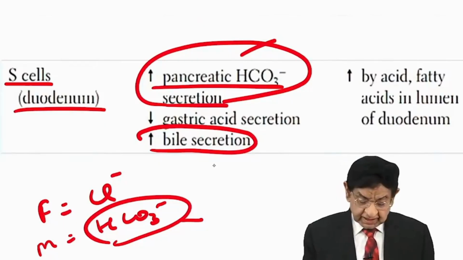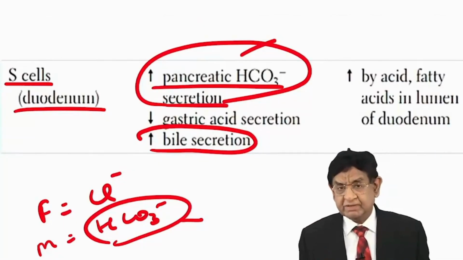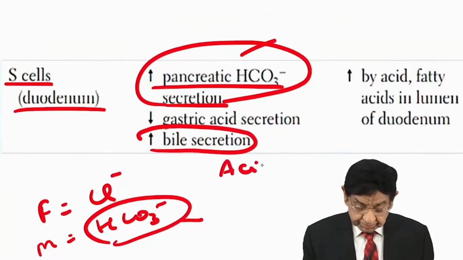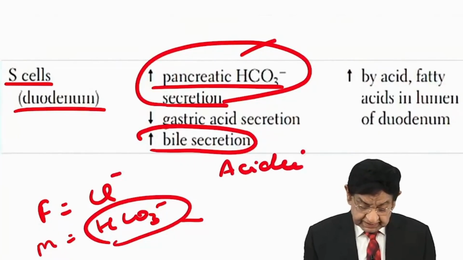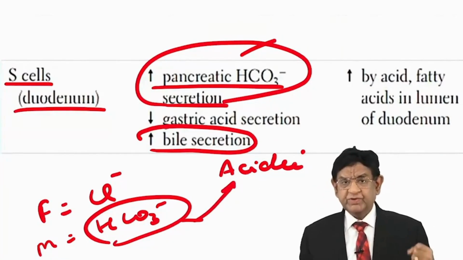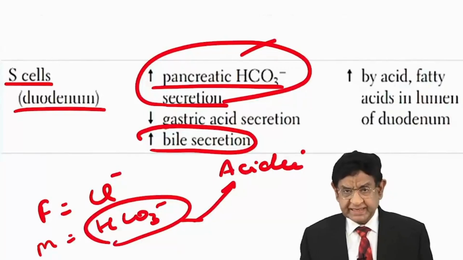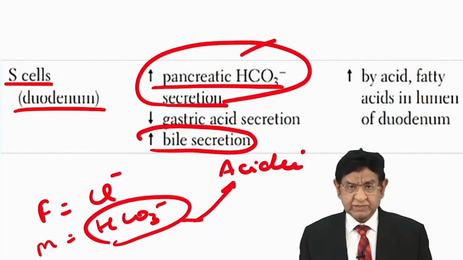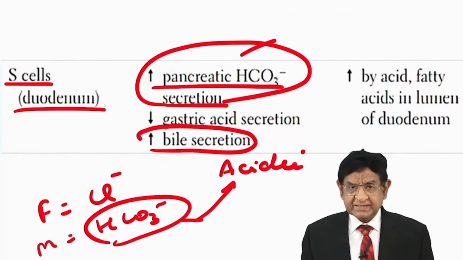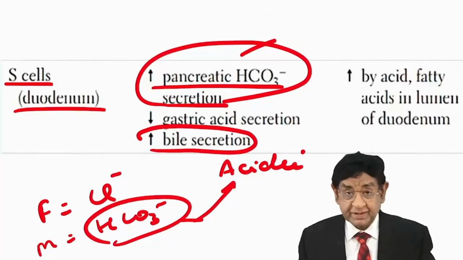Because the content coming from the stomach after a meal is all acidic, and this alkaline pH is what neutralizes the acid to some extent. Otherwise, if the whole acid goes to the intestine, the entire intestine will be corroded.